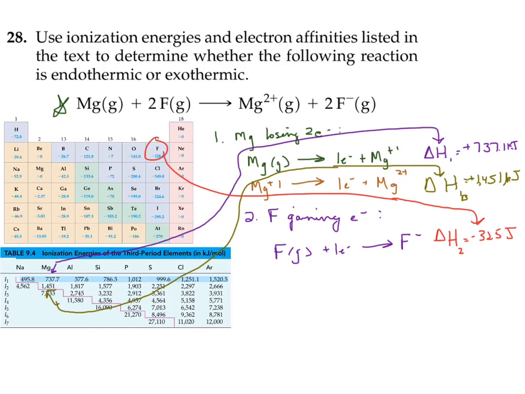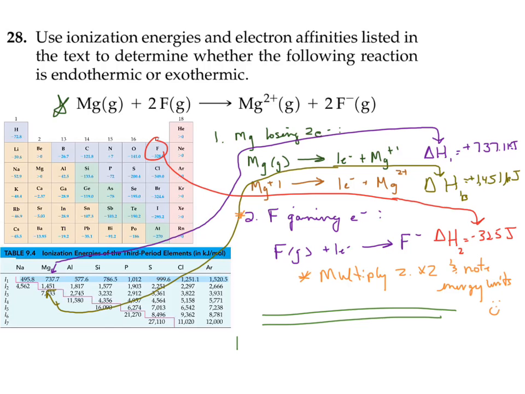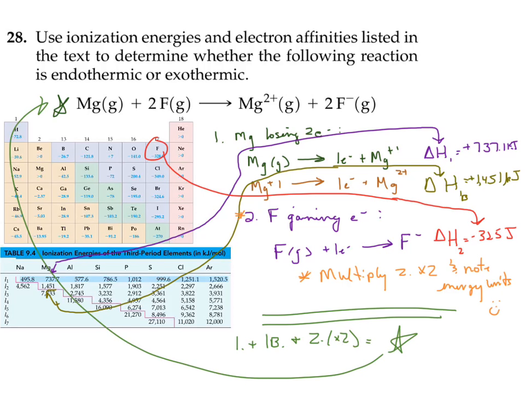But notice that that's in joules instead of kilojoules, and notice you need to multiply that by 2 to make it work out. And then you are ready to go ahead, and this overall process with the starred equation can be summarized as these 3 enthalpy changes, as long as you make sure that you multiply this one by 2. And so you can come up with the enthalpy associated with that overall change.